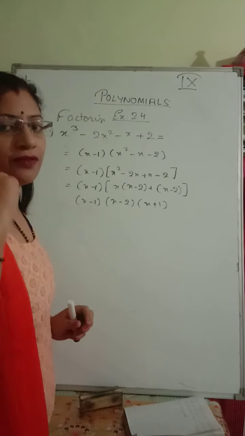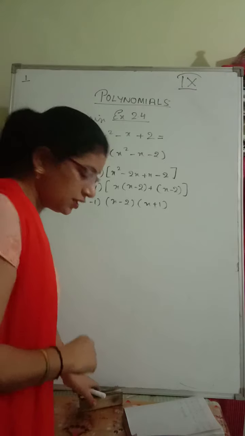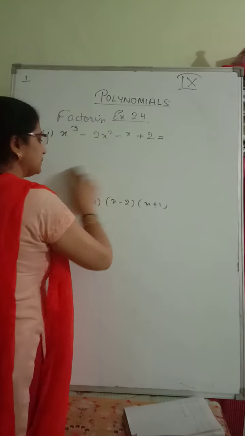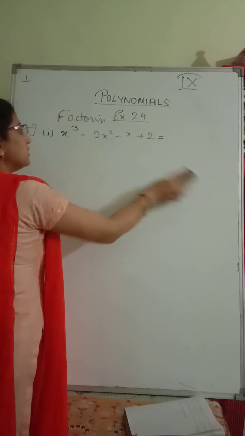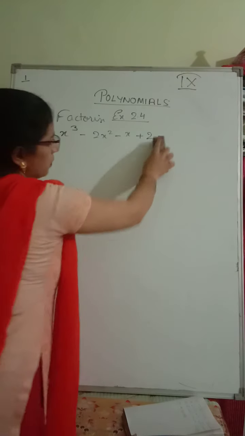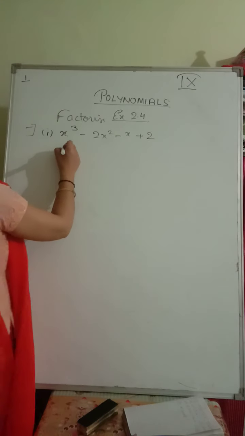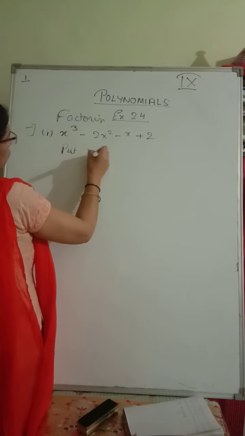This is the first method. Now the second method. This is your polynomial. The first thing is the same: you put x equals 1 and find the factor.